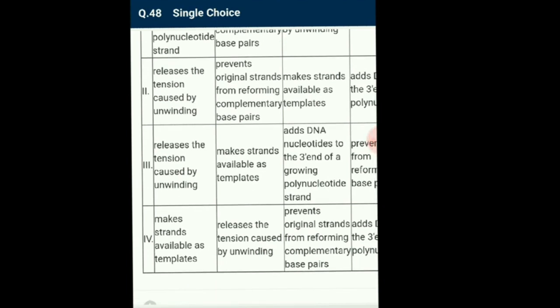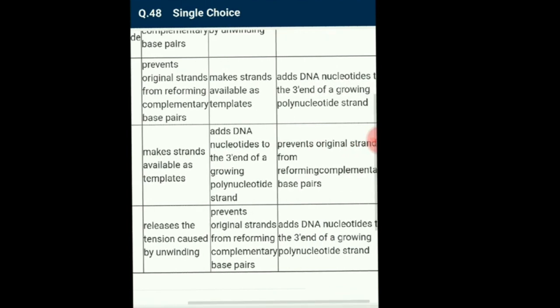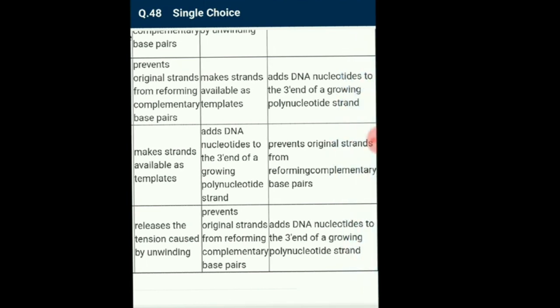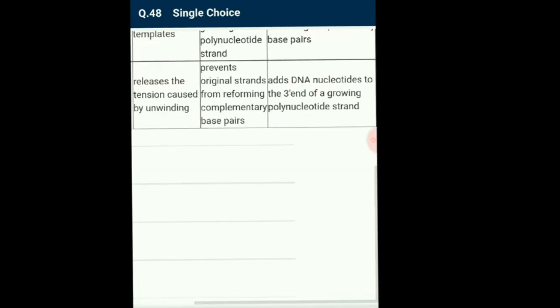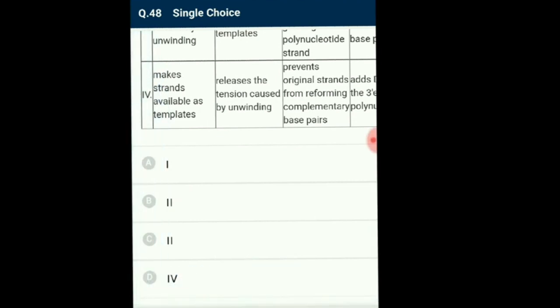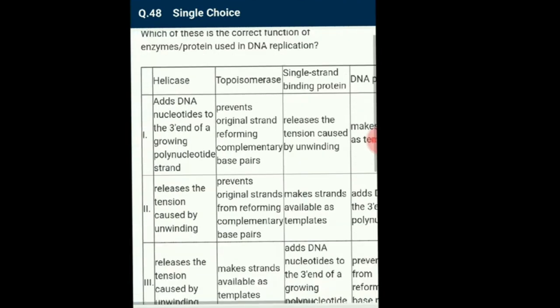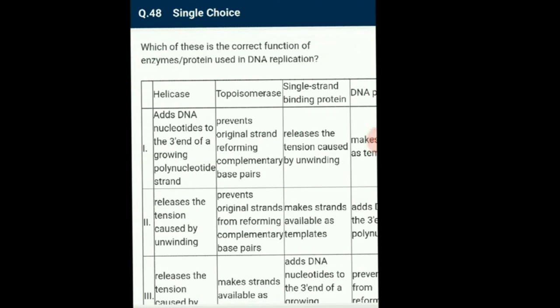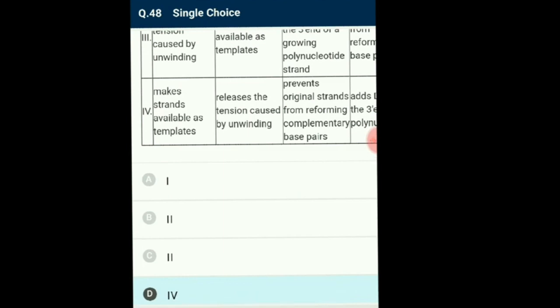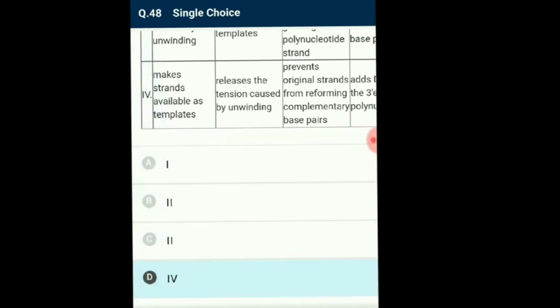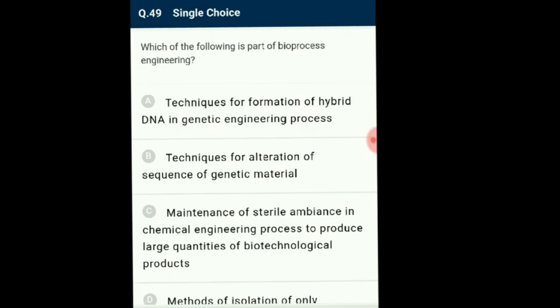Makes strands available as templates, releases the tension caused by unwinding, prevents original strands from reforming complementary base pairs, adds DNA nucleotides to the 3' end of the growing polynucleotide strand. So the answer for this question is option D. The correct function of enzymes or proteins used during DNA replication is the fourth one. So the correct option is option D.